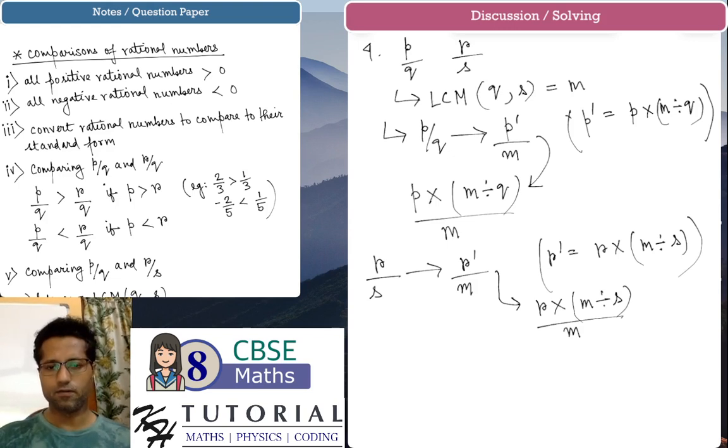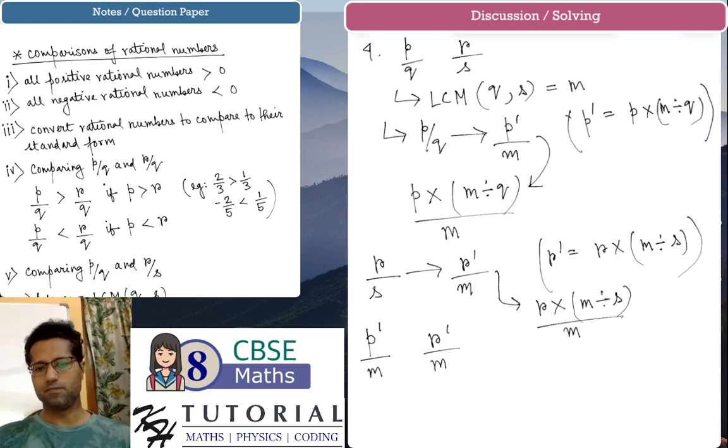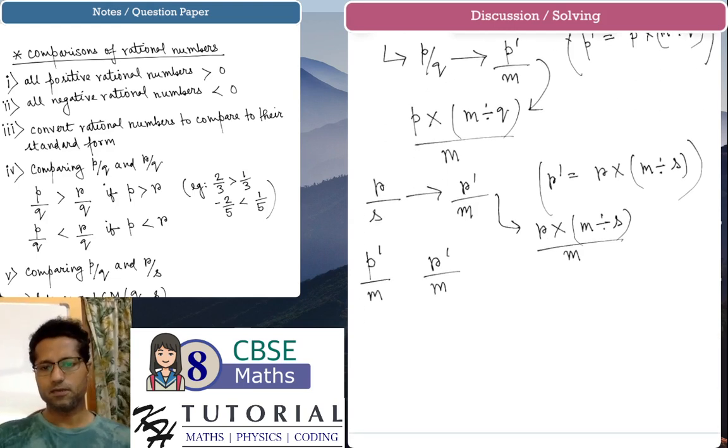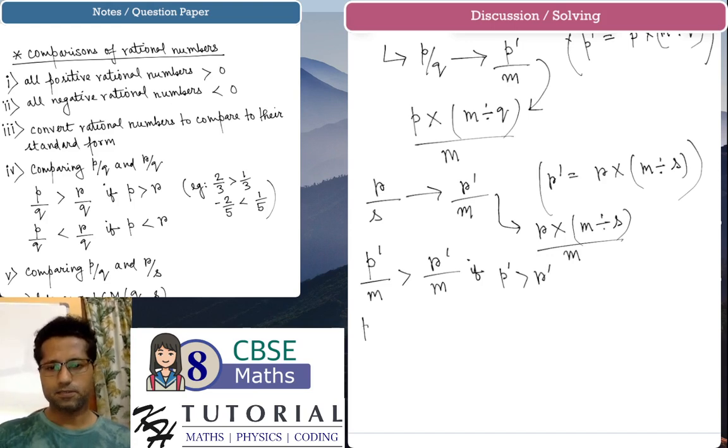Now we have to compare p dash by m and r dash by m, and here you can see that both the rational numbers have the same denominator m. You now just have to compare the numerators. That is, p dash by m will be greater than r dash by m if p dash is greater than r dash, and p dash by m will be less than r dash by m if p dash is less than r dash.